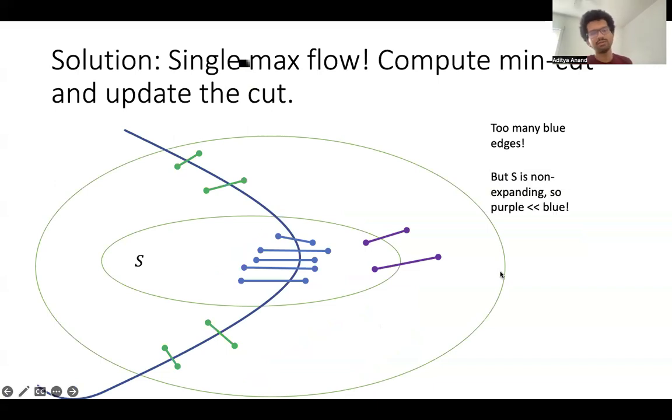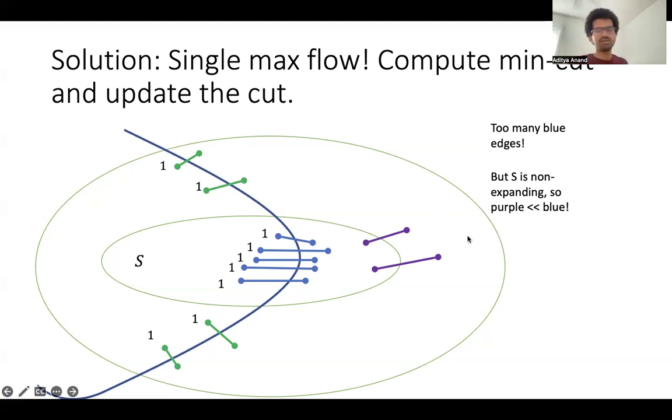Imagine the flow problem where every edge on this cut sends 1 unit of flow. Then actually most of this flow from these blue edges cannot go out. Because if they try to go out, they have to go through the purple edges, but there are only very few purple edges.